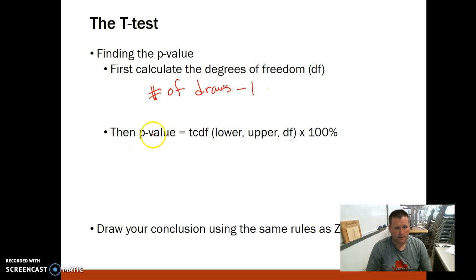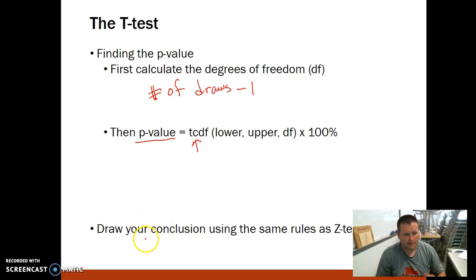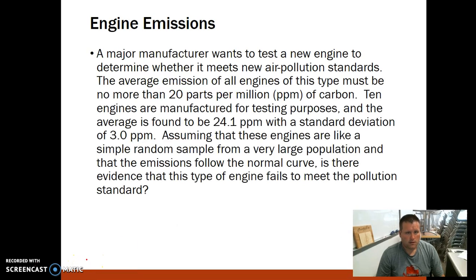Okay, and then we're going to calculate our p-value by using the TCDF, lower, upper, and then degrees of freedom times 100. And then we'll draw our conclusions with the same rules as z-tests. Meaning we're still going to use that 5%. That 5% is still going to be our cutoff. We still are going to use that.